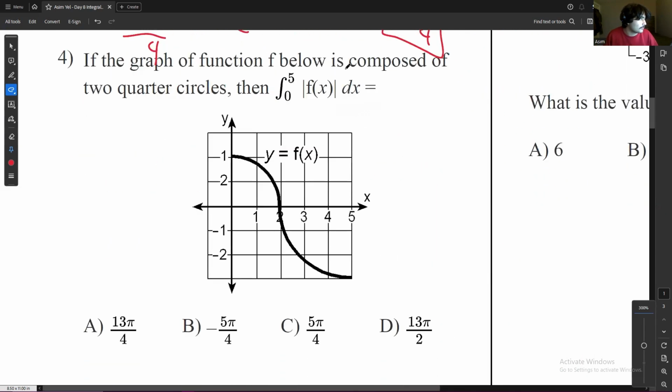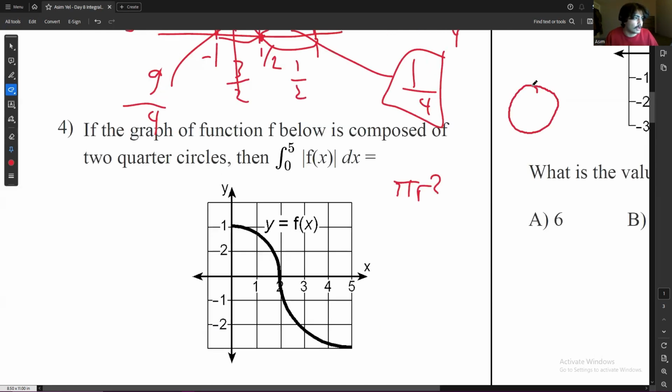The graph of function f below is composed of 2 quarter circles, then 0 to 5. Guys, since we know that this is a quarter circle, we're just going to find the circle's area. So what is a quarter circle's area? A circle's area is pi r squared, but since this is a quarter, let me just draw it for you guys.